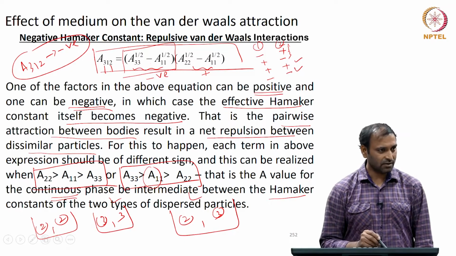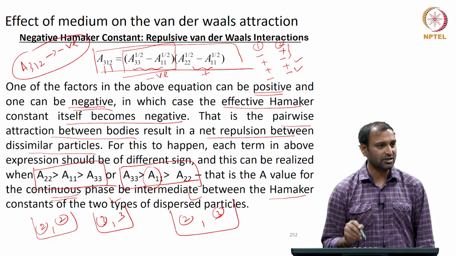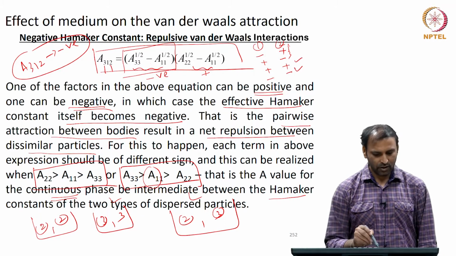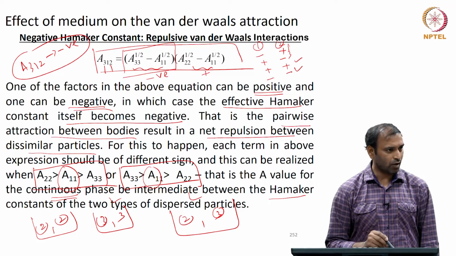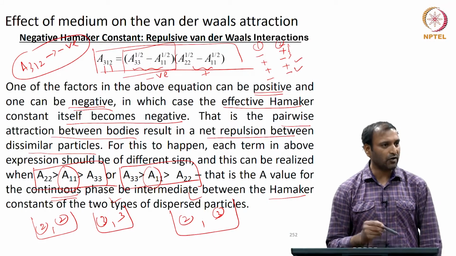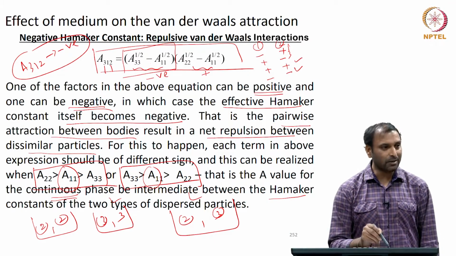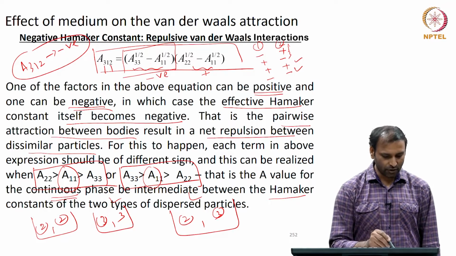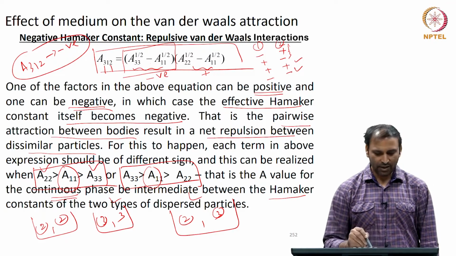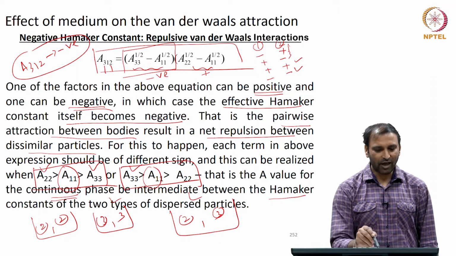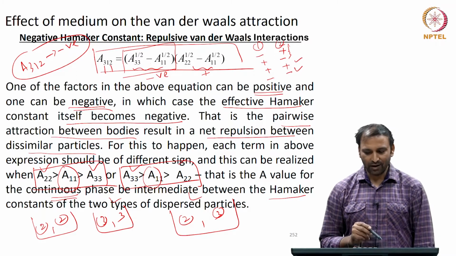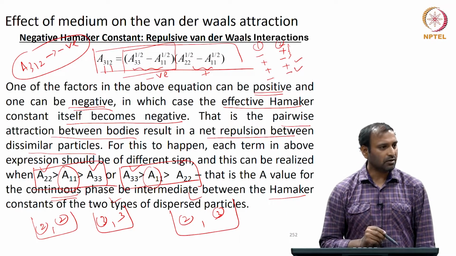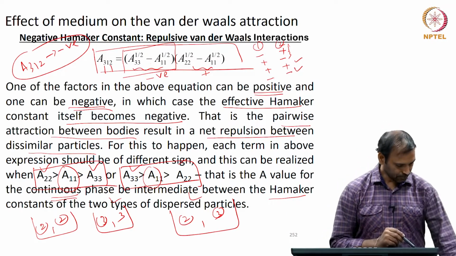If the Hamaker constant for the solvent molecules, the continuous phase or liquid in which the particles are dispersed, is in between the Hamaker constants for the two dispersed particles, in such a case A312 will be negative. That means you will have a net repulsion between the particles.